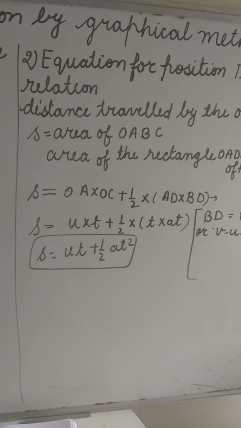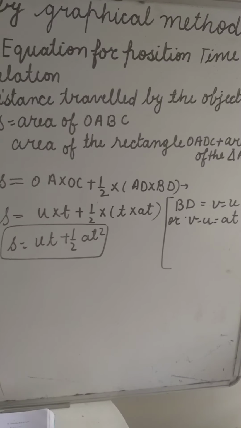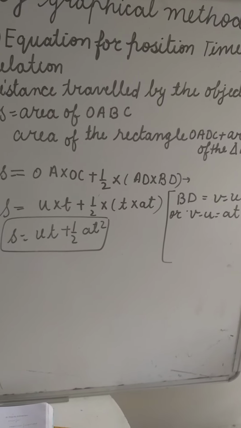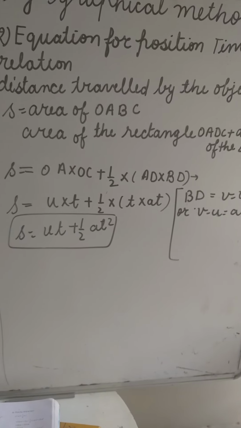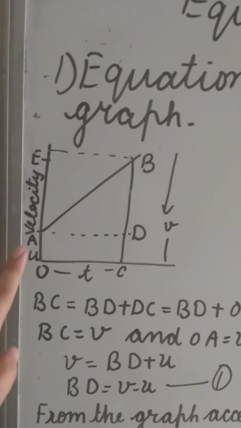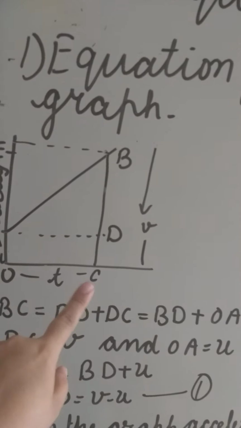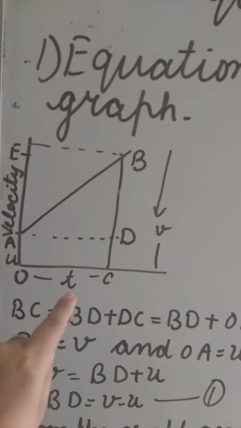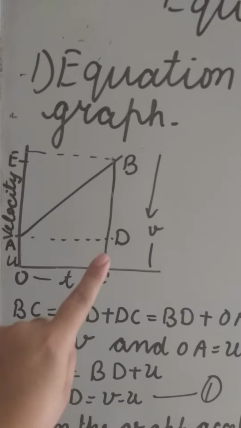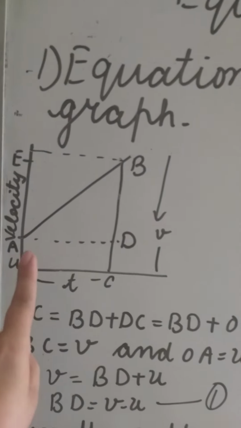So in equation 2, we take out the area of the trapezium, that is the area of the rectangle plus the area of the triangle. The area of the rectangle is OA into OC, so U into T. The area of triangle ABD is 1 by 2 BD into AD.